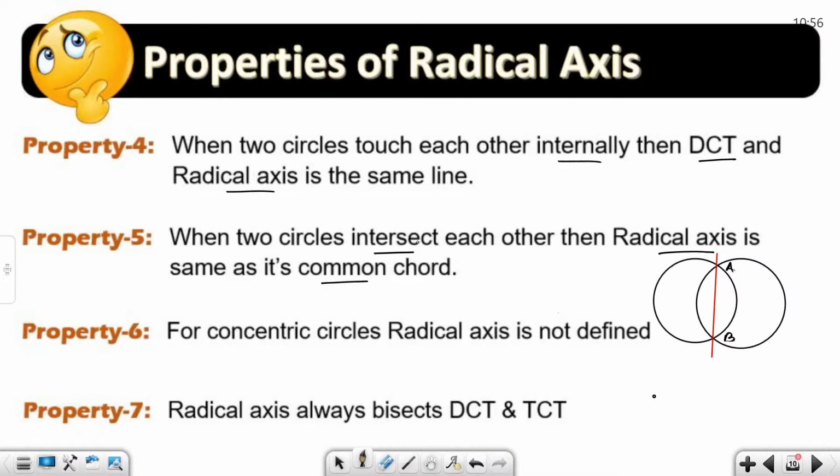So, whenever two circles intersect each other, the radical axis and the common chord for the given two circles are always the same line.